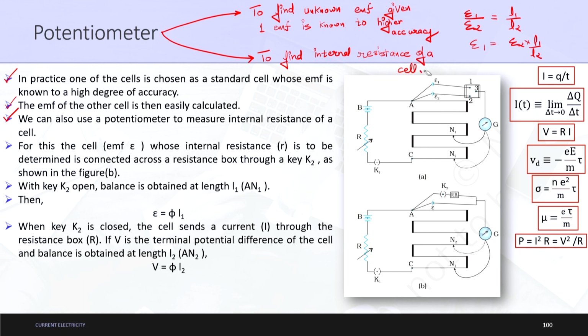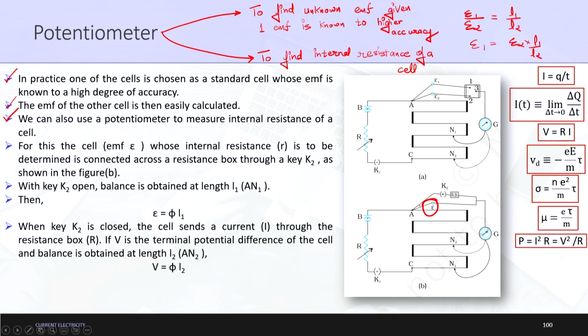Okay, let's move on. Let us see this procedure, how we are finding out the value of internal resistance. So now for this cell, the cell of EMF epsilon whose internal resistance small r is to be determined is connected across a resistance box through a key K2. You just need to remember this. Let's forget this A portion now and just look at this B portion. Let us suppose we need to find out the amount of resistance for this EMF epsilon.